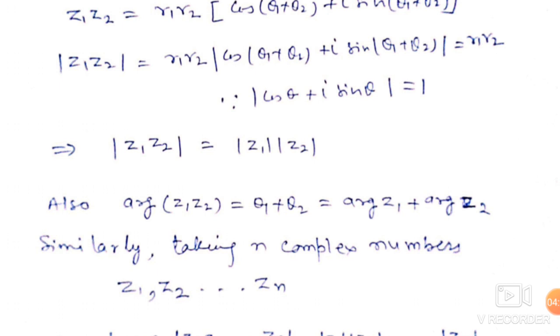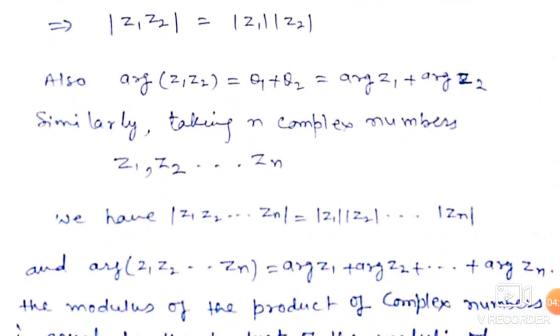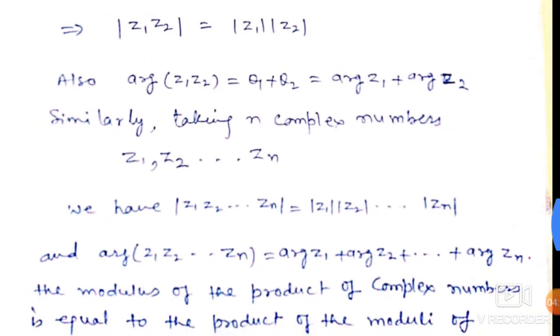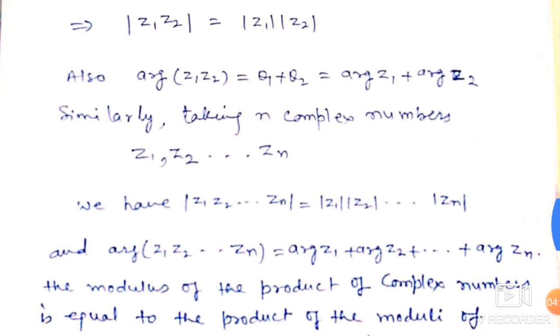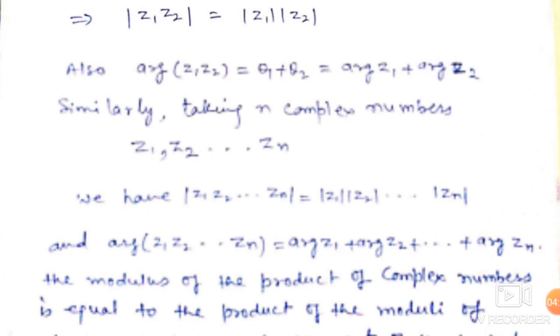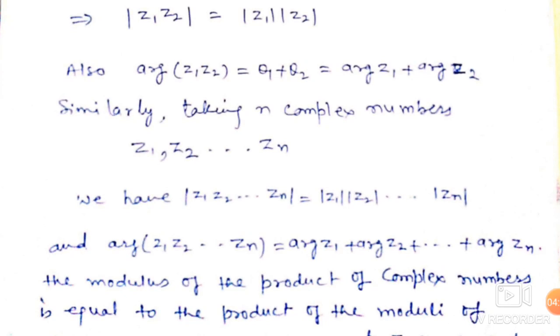Similarly, taking n complex numbers Z1, Z2, Z3 and so on Zn, we have mod of Z1, Z2, Z3 and Zn, which is equal to mod of Z1, mod of Z2 and similarly mod of Zn, and arg of Z1, Z2, Z3 and Zn, which is equal to arg Z1 plus arg Z2 and so on arg Zn.